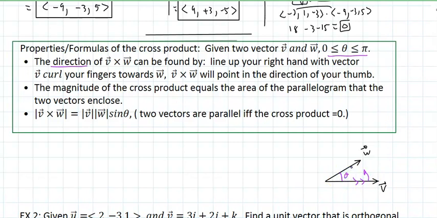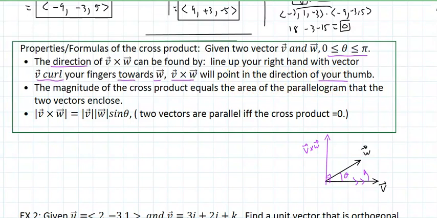The direction of the thumb, perpendicular to both, would be V cross W, and W cross V will be pointing downwards. Curl your fingers toward W, and V cross W will point in the direction of your thumb.